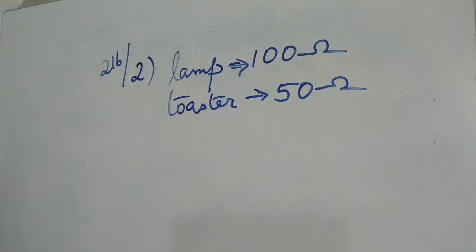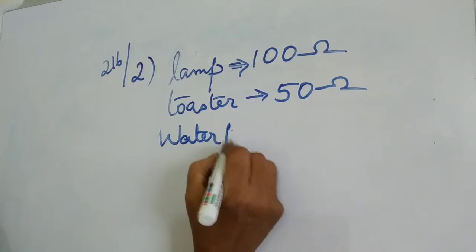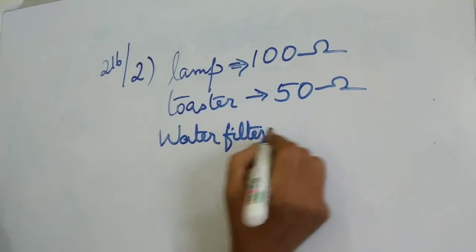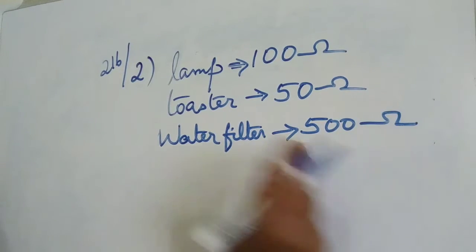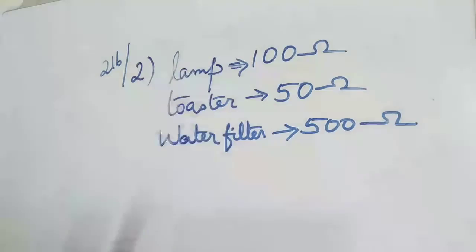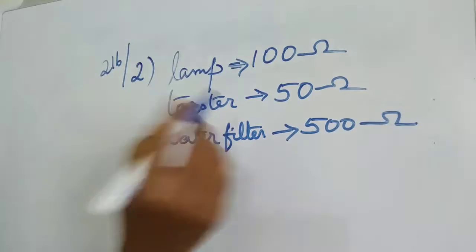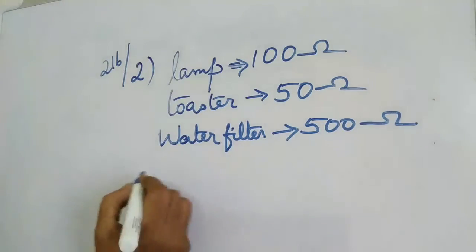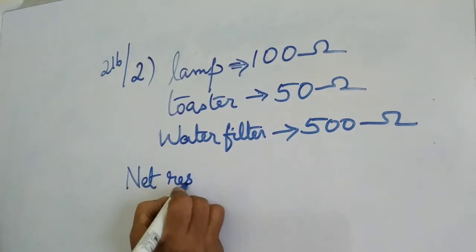Water filter 500 ohms. This much resistances are there in the circuit. They are connected in parallel. So what will be the net resistance since they are connected in parallel?